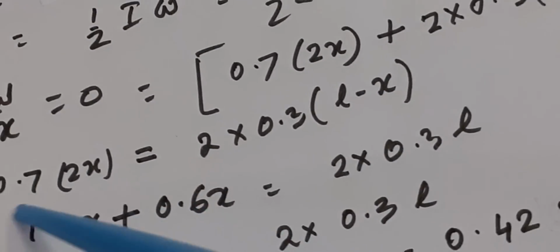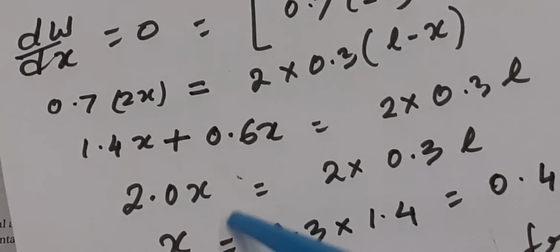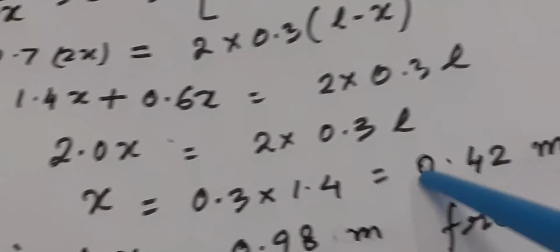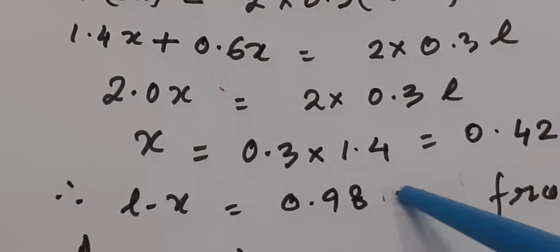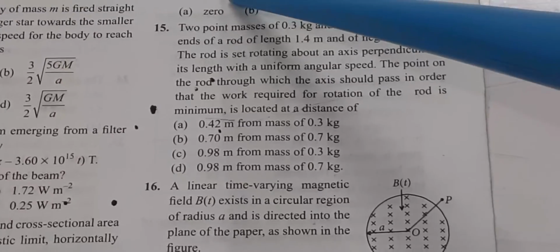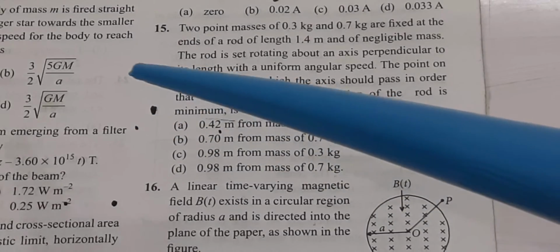Setting the left side to 0 and solving, we get x equal to 0.24 meter from the left side, and the right side will be 0.98 meter because the total is 1.4 meter. You can see in this diagram that it is 0.24 and 0.98.